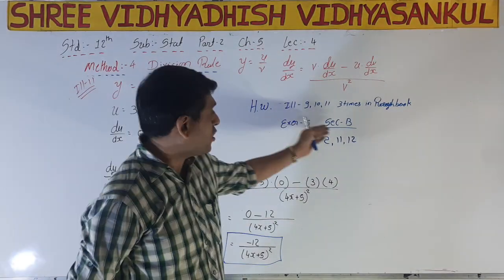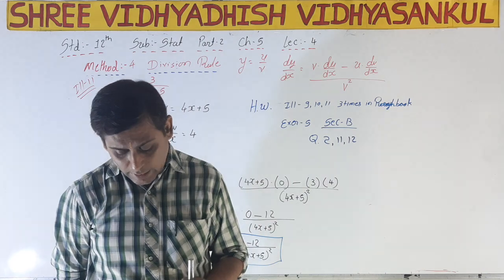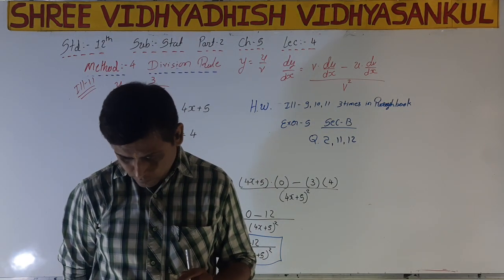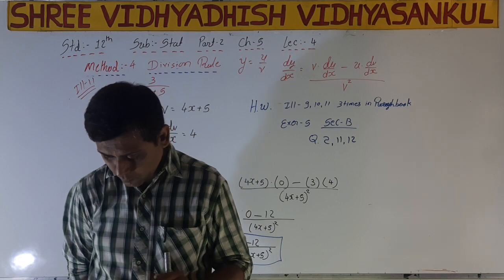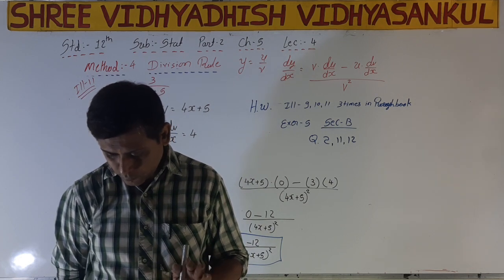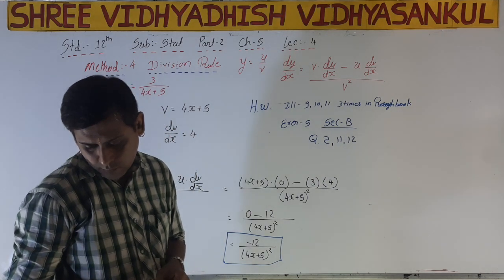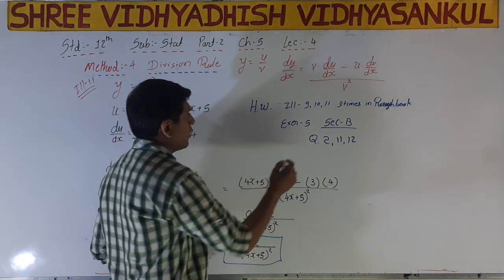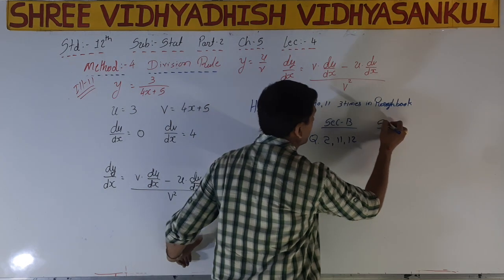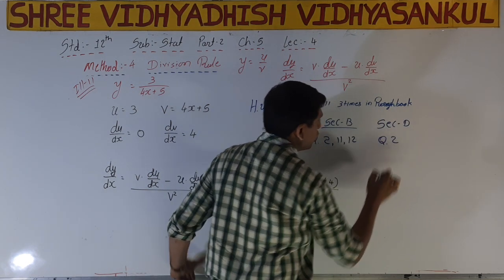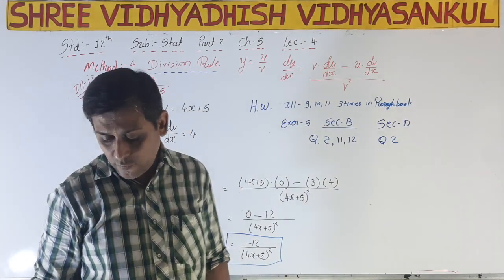So you have to write these 3 sums, and then section D, question number 2, that is differentiation by definition.